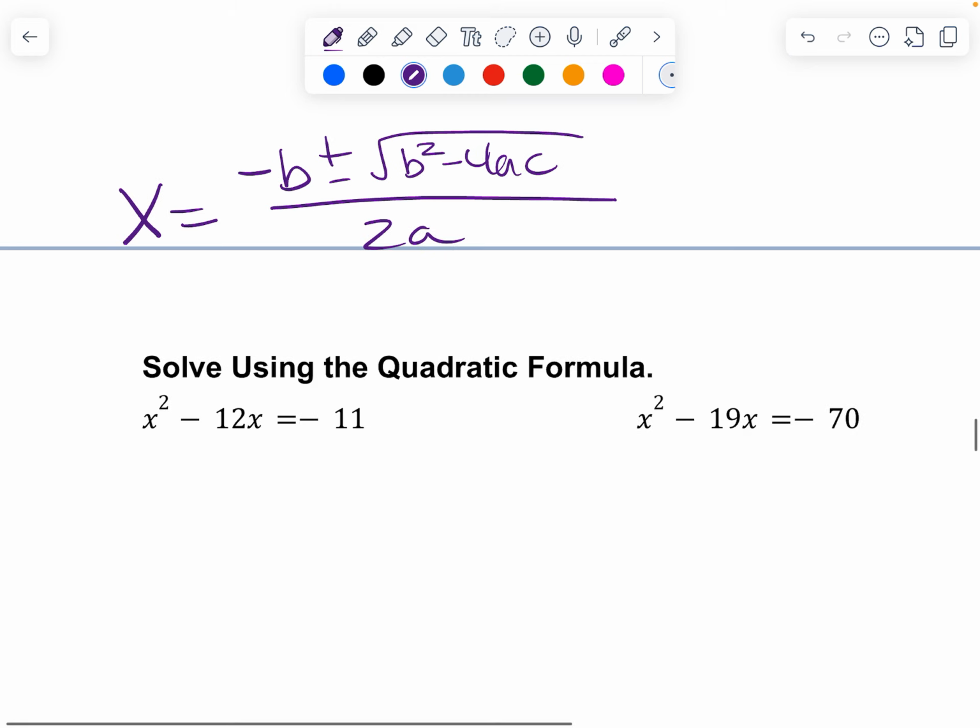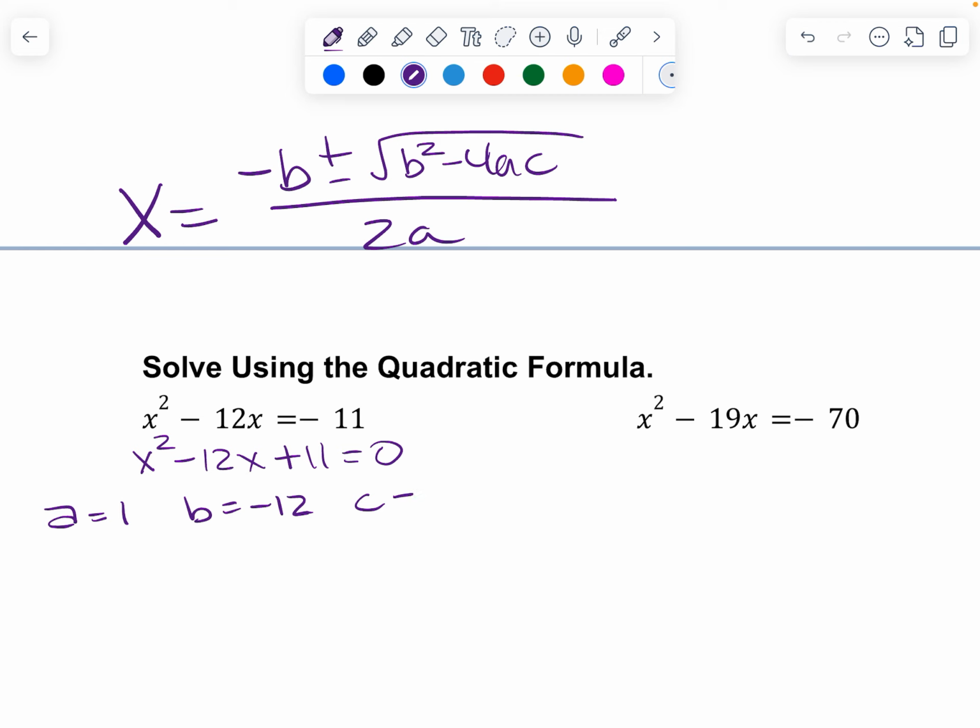So first things first, I need to get everything on the same side of the equal sign. So I have x squared minus 12x plus 11 equals 0. When I do that, the a value equals 1, the b value equals negative 12, the c value equals 11.